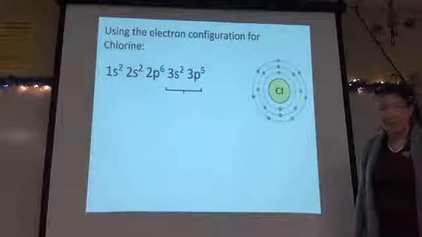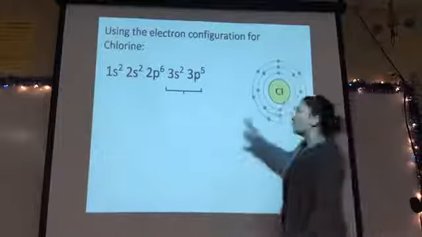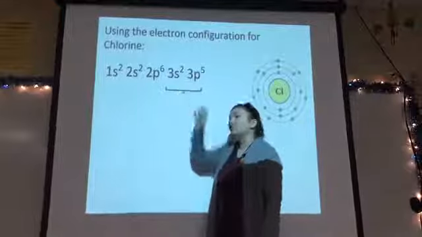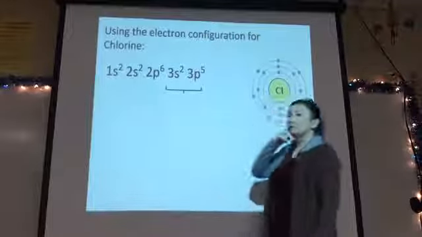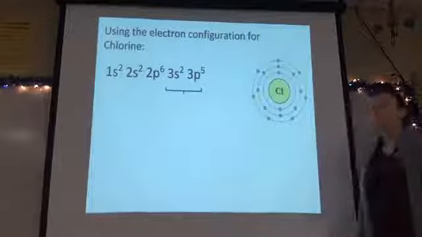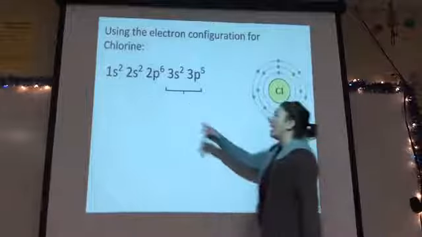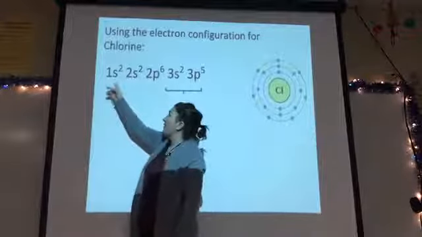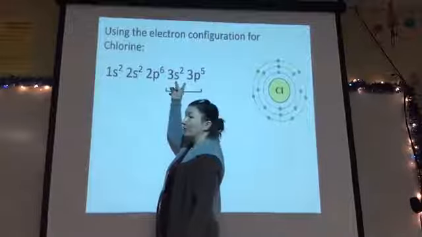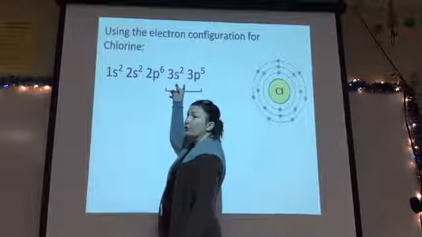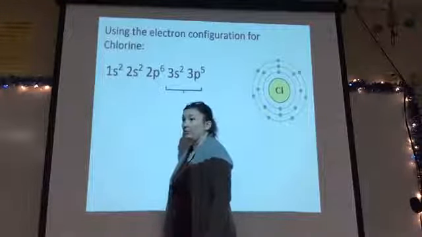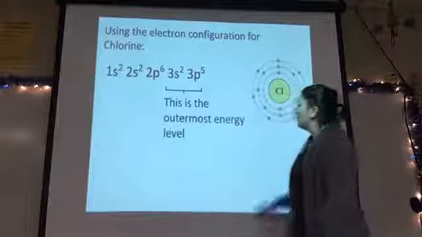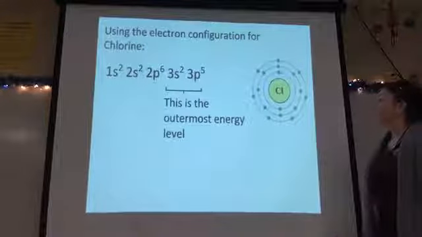So whether you write it in Bohr diagrams or electron configurations, you still get the same numbers. You take the highest energy level: 1st, 2nd, 3rd. So the 3rd energy level is the outermost energy level.